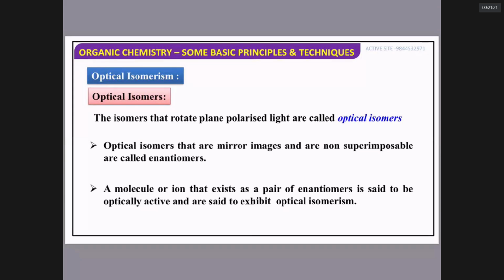For example, try to cover your left hand with the right hand, keeping both palms down. You should place both of them in the same direction. You can't close the left hand with the right hand. A molecule that exists as a pair of enantiomers, that is object and image forms, is said to be optically active. They are said to exhibit optical isomerism.